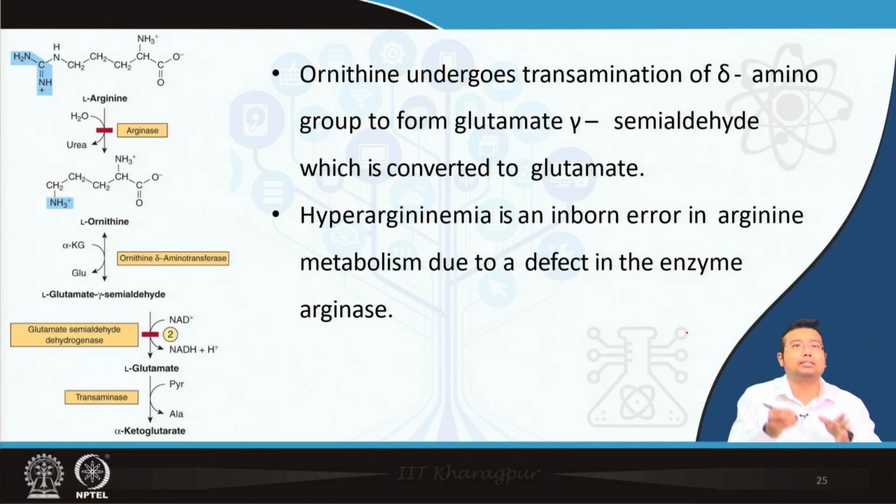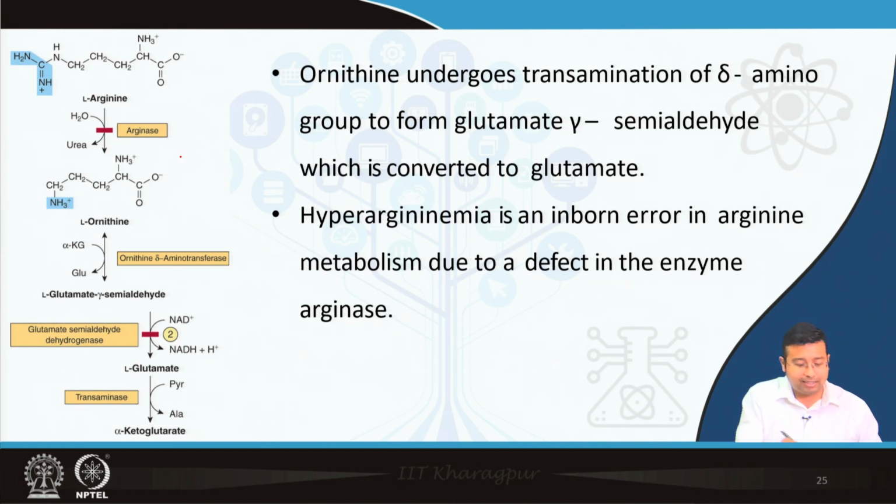So, what happens? Ornithine then undergoes further reaction in the urea cycle. If we are not concerned about the urea cycle, we just read in synthesis reactions a little while back that ornithine can be transaminated during synthesis of proline.